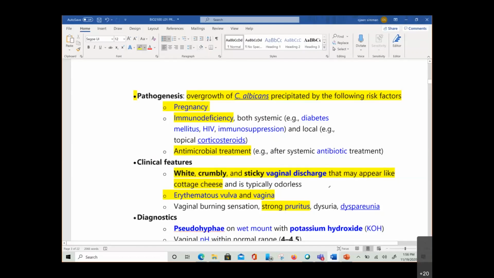Okay. You do a wet mount study with potassium hydroxide, and it will show you the morphology of the Candida albicans, which is that it's a pseudohyphae.